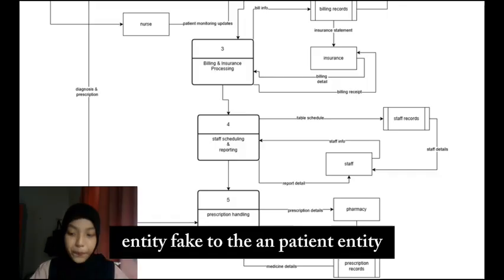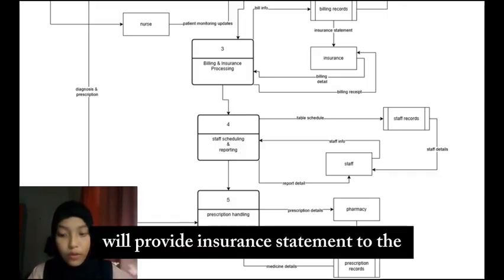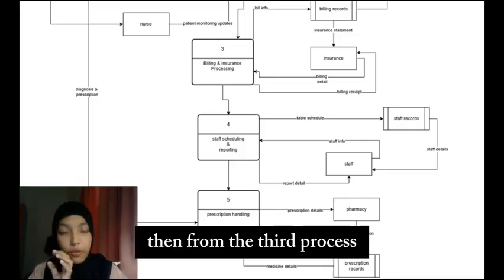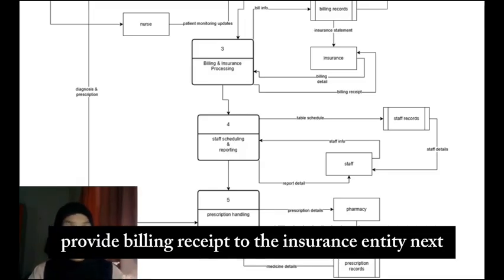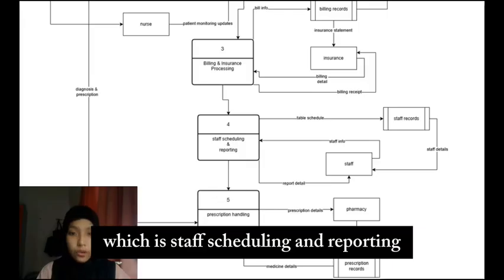And from the billing record data store, we also provide insurance statement to the insurance entity. Then from the third process, we also provide billing receipt to the insurance entity. Next, we go to the fourth process, which is staff scheduling and reporting.